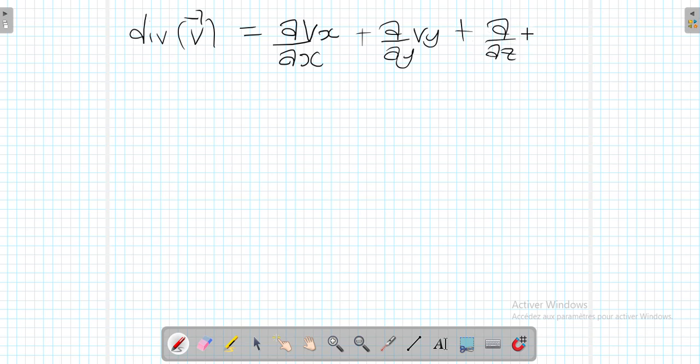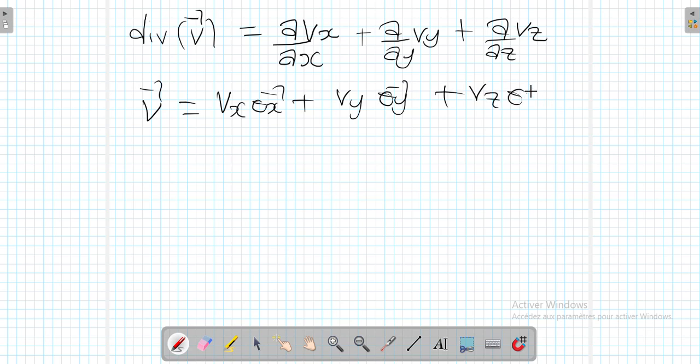This is how you find the divergence in the Cartesian coordinate system. When you say Cartesian coordinate system, it is anything that has to do with x, y, and z. You find that vector v and decompose it. Obviously, that vector v will be written as Vx in the direction of x plus Vy in the direction of y plus Vz in the direction of z.